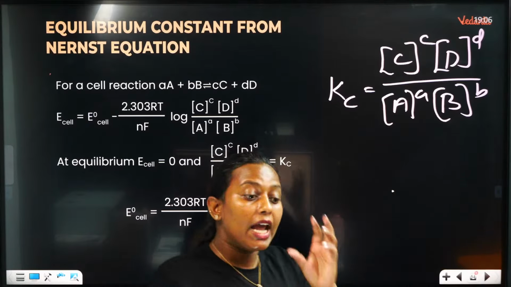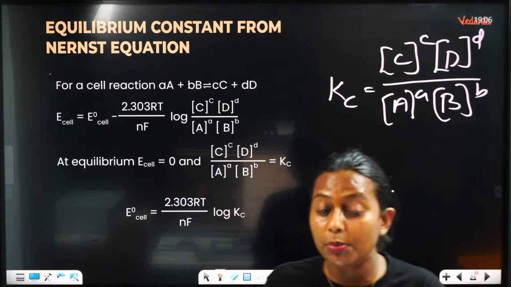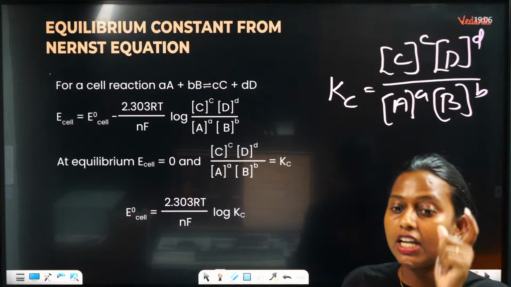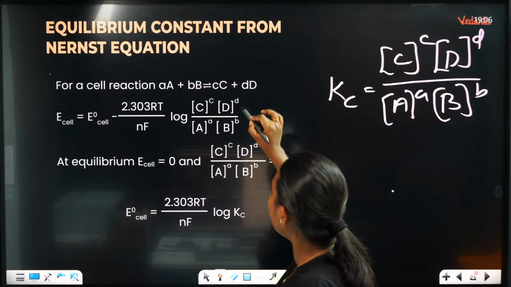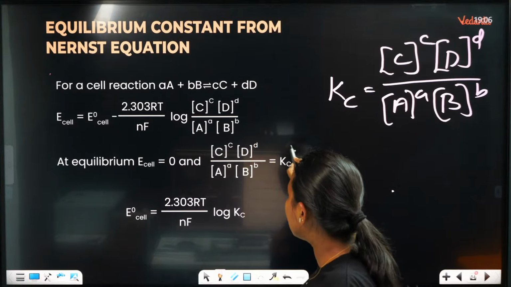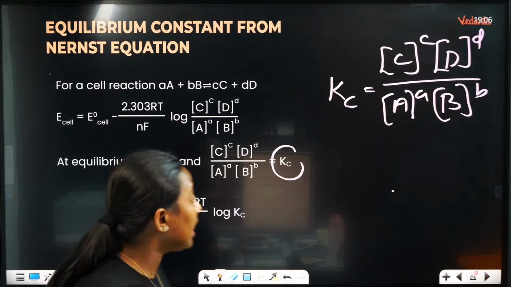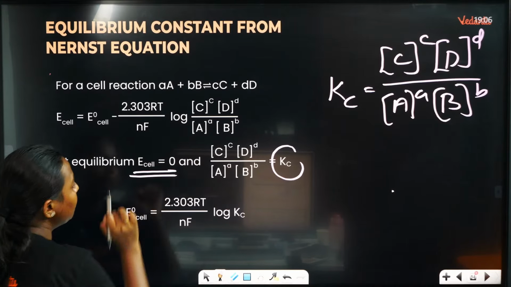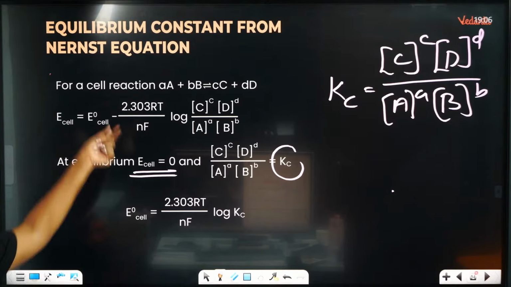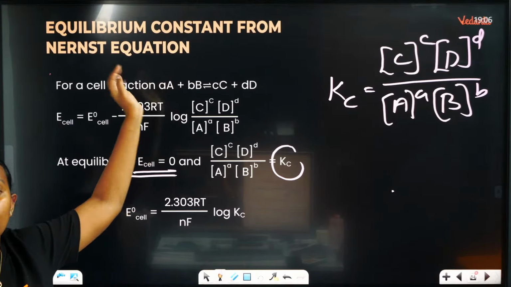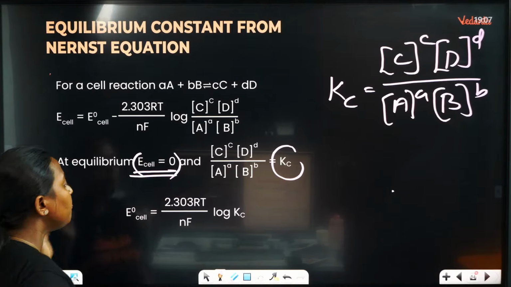So at equilibrium, how will the Nernst equation look? This is very important. For the same reaction, at equilibrium, the value of E cell will become 0.